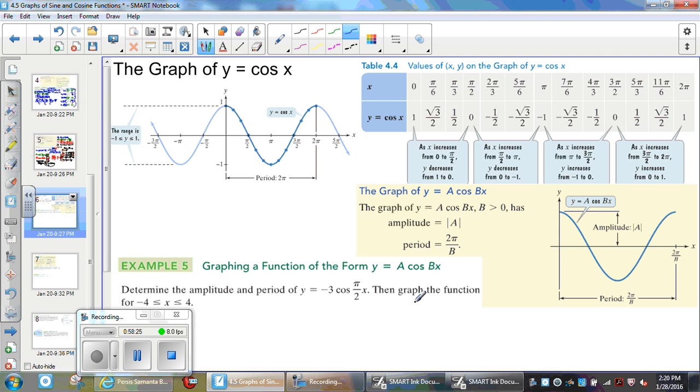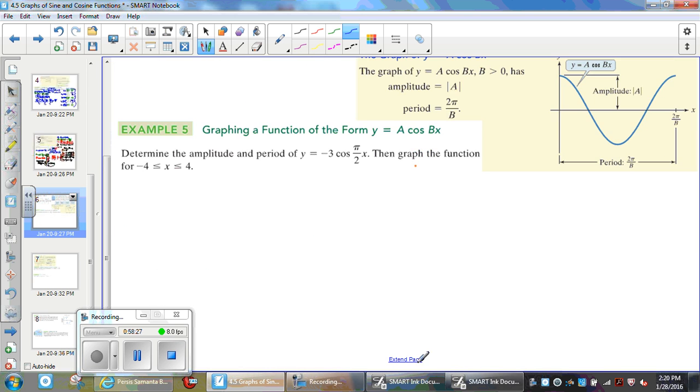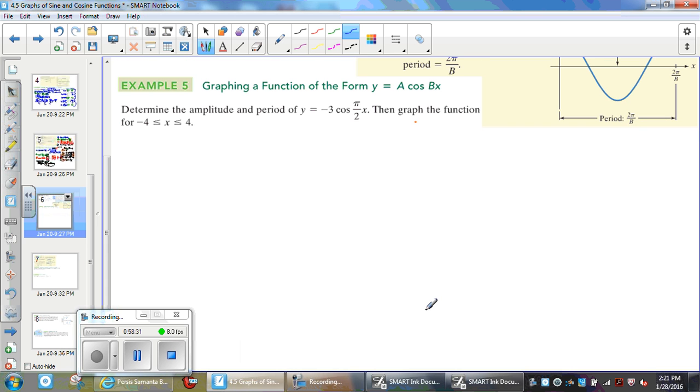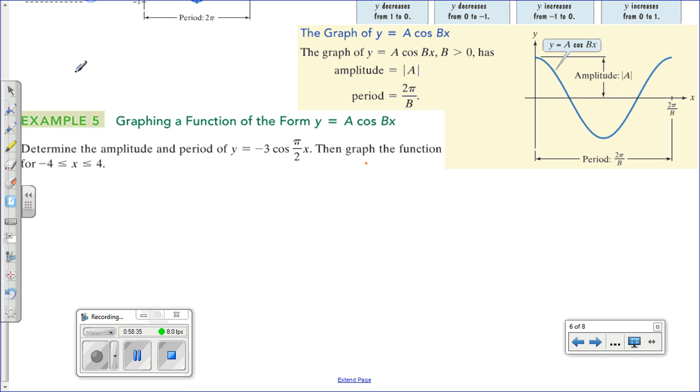So what we're going to do is what changes here is not the amplitude or the period. The only thing that changes is the key point. Because the sine function started at 0, and then it went up, and then it had an intercept here, and then it went down, and then it went back, like that.